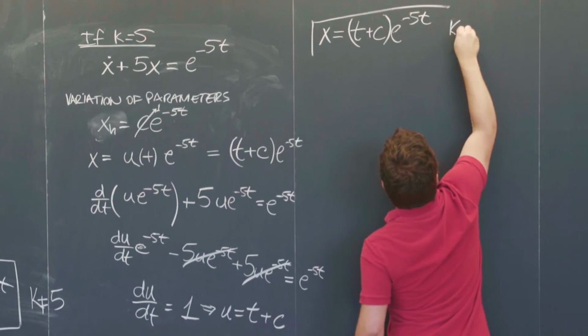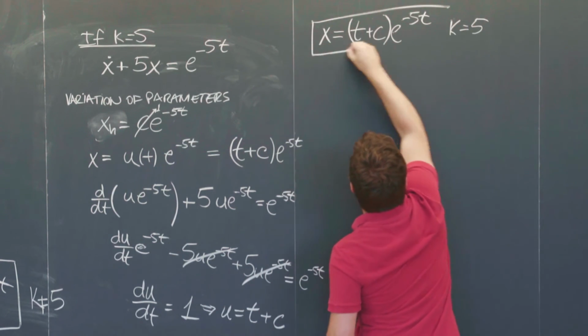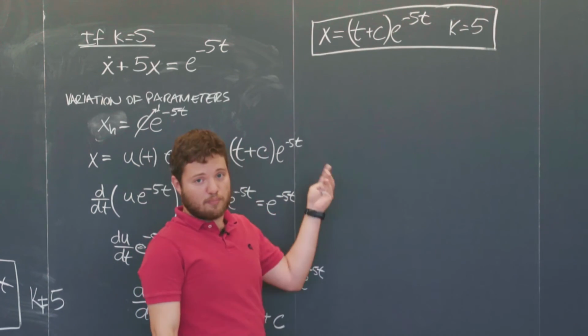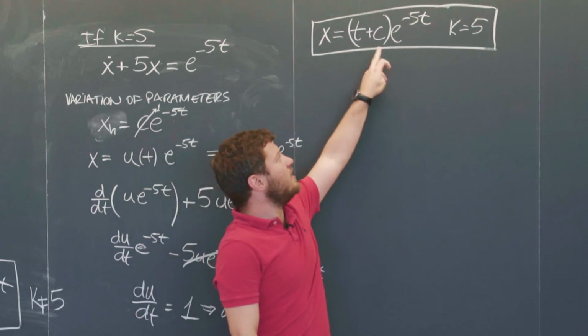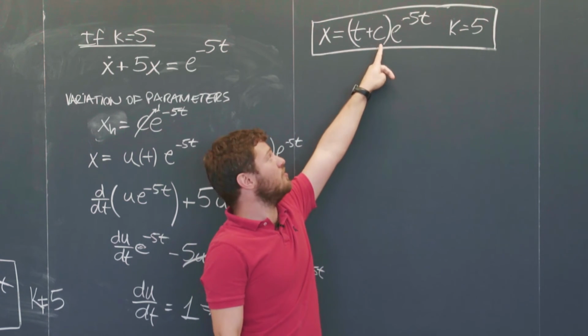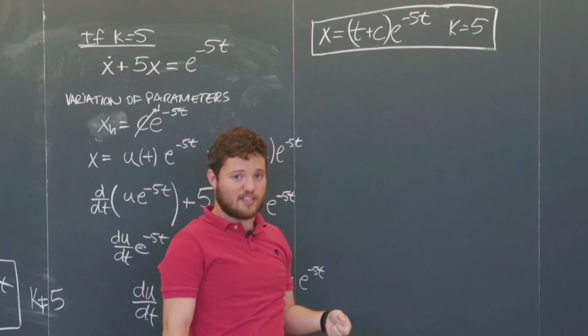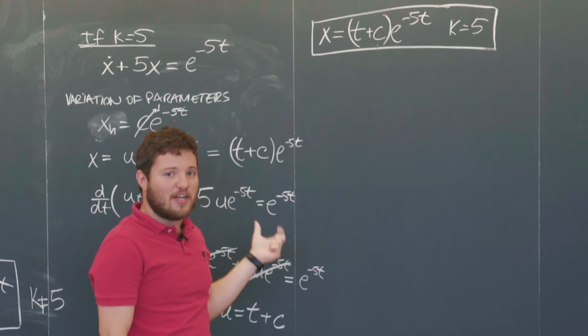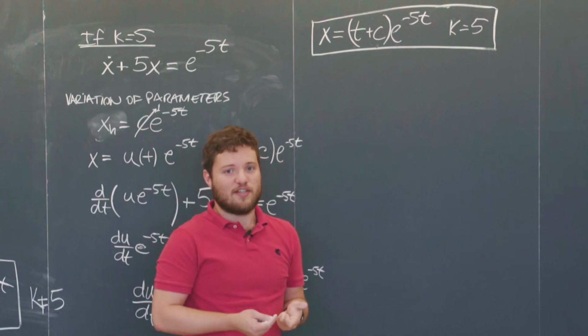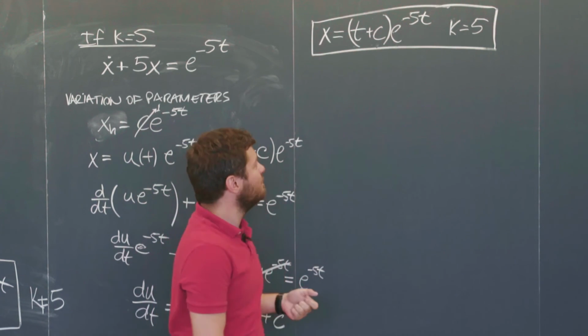And this is true when k is equal to 5. Note that this contains a particular solution, t e to the minus 5t, as well as the homogeneous solution, c e to the minus 5t. So by using the method of variation of parameters, we got both solutions at the same time. That's a nice feat of the method of variation of parameters.